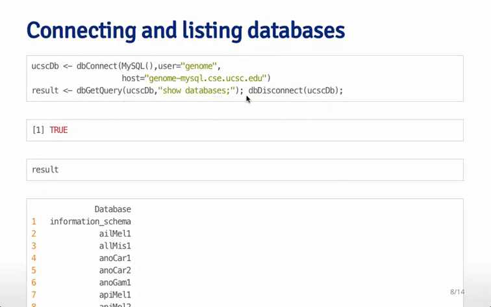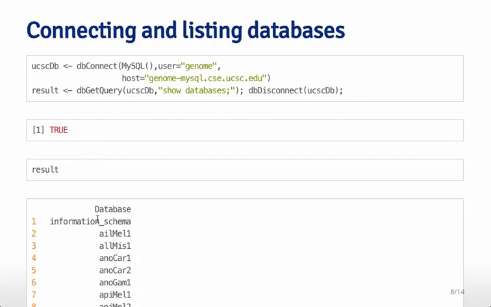And then at the end, after I run that command, I'm going to use dbDisconnect. So I'm going to disconnect from the MySQL server. It's very important that whenever you're done analyzing data or collecting data from a MySQL server, that you disconnect from that server. And you should get a TRUE response. That TRUE is coming from the dbDisconnect because it's saying that we did, in fact, disconnect from the server.